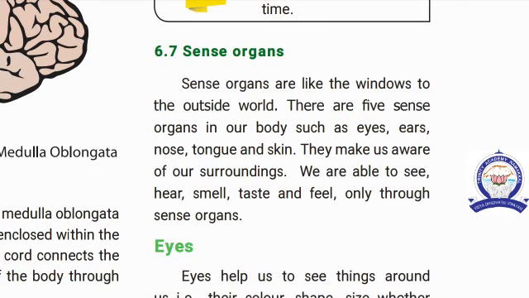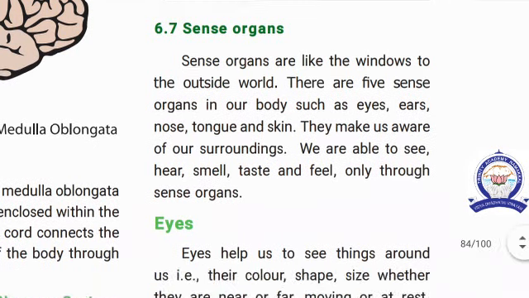The sense organs are like windows to the world. They are eyes, ears, nose, tongue and skin. They make us aware of our surroundings. We are able to see, hear, smell, taste, and feel only through the sense organs.